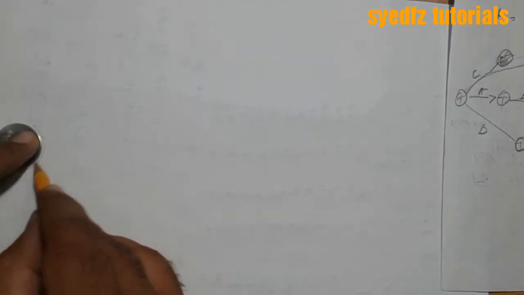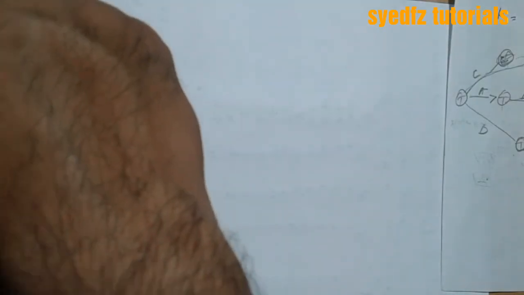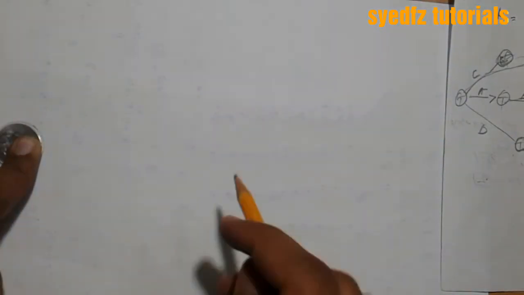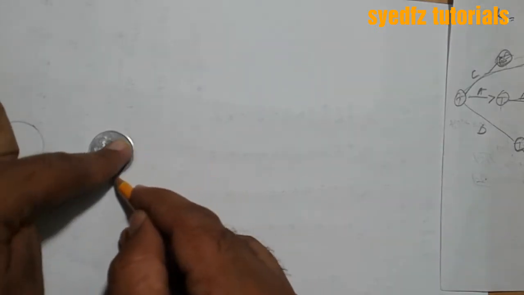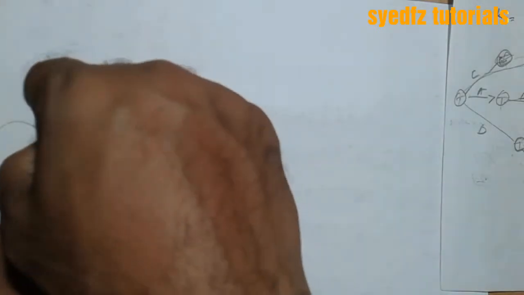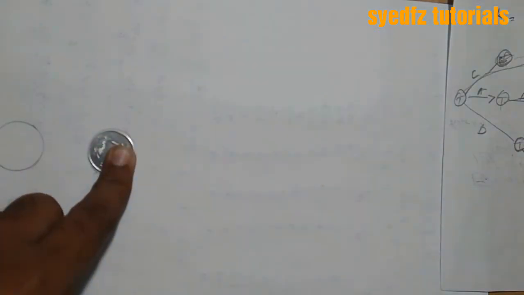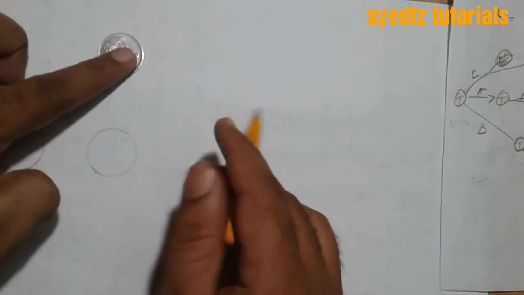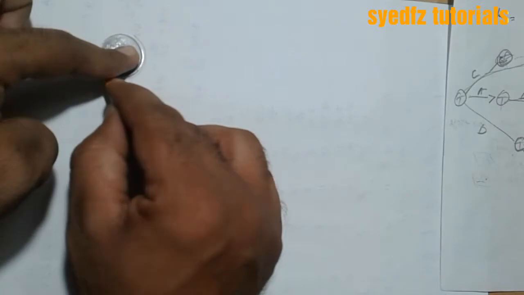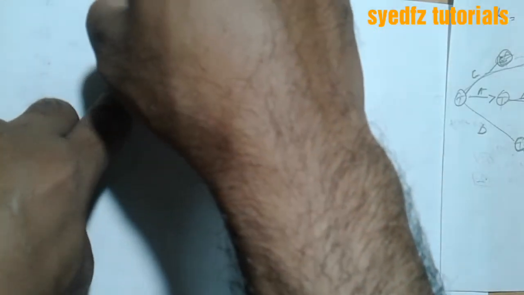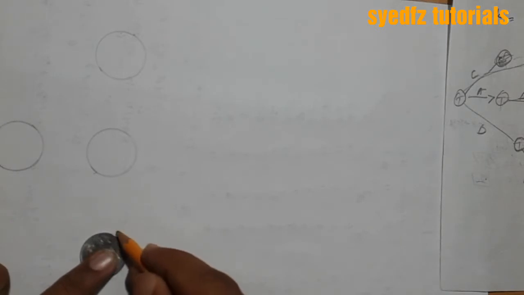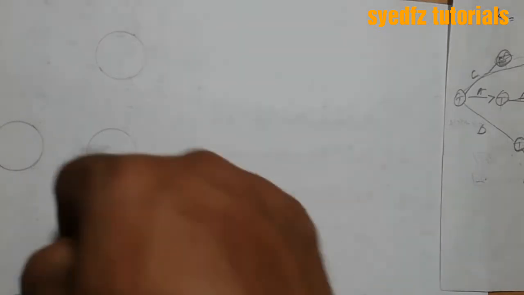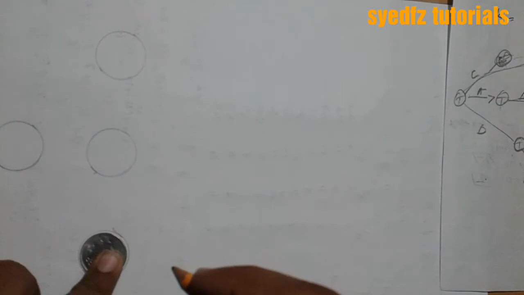This is 0 and this is one, another head. This is another head which we have drawn. After that we will connect this one.